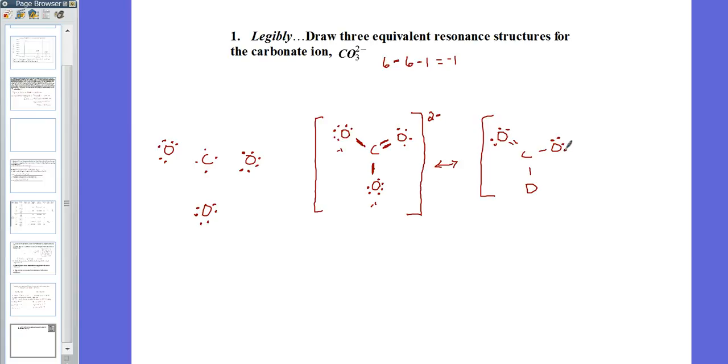But now you push those electrons over here, and you have another resonance structure. You draw the charge outside the brackets just like that.